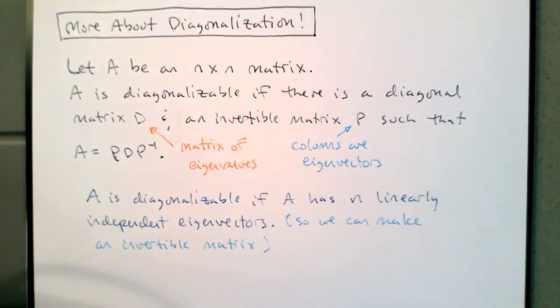Here's a thing that we know. I haven't shown you this. You're just taking my word for it, so proof by authority. Distinct eigenvalues correspond to linearly independent eigenvectors.